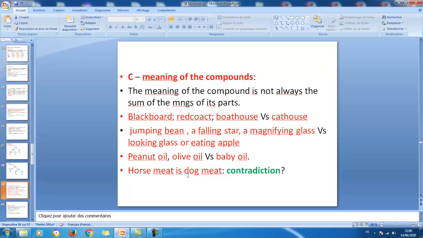So we can say here dog meat is horse meat, which means what dogs eat as meat is the meat we obtain from horse here. Okay, so horse meat is dog meat. This is a seeming contradiction, but of course here this is what dogs eat as meat. Here it's the meat we obtain from horses.